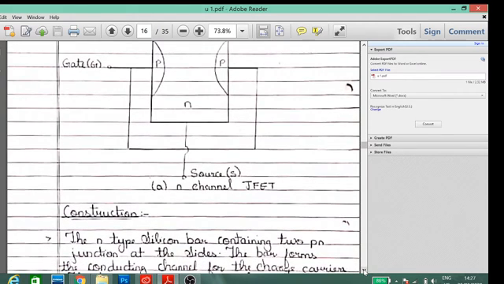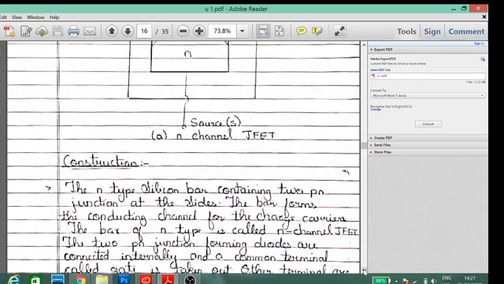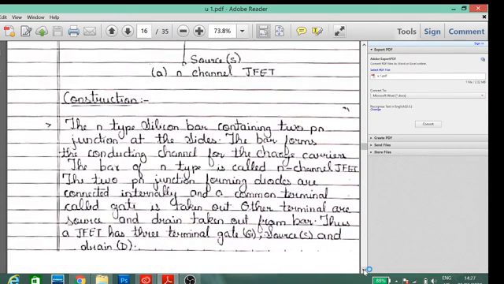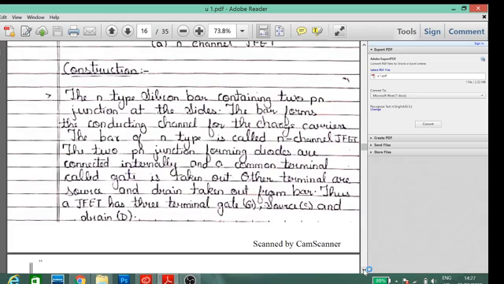An N-type silicon bar contains two PN junctions at the side. The bar forms the conducting channel for the carriers. The bar of N-type is called the N-channel JFET. Two PN junctions are formed. The diodes are connected internally and the common terminal is called the gate, which is taken out.